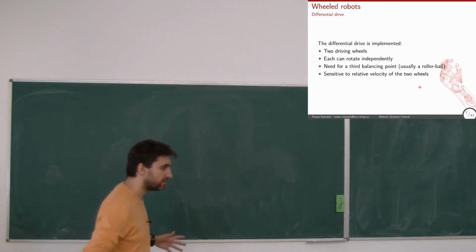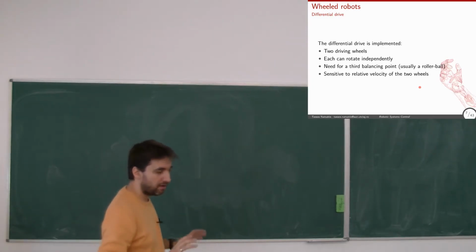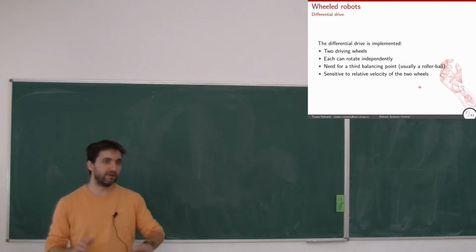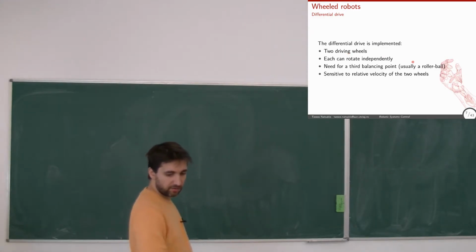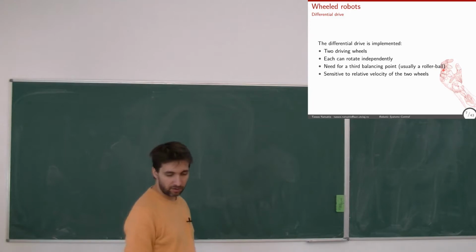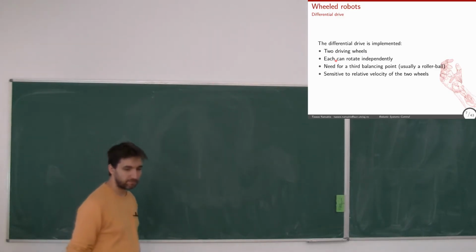Because if you have 2 wheels, the robot will go back and forth unless it does some fancy auto-balancing like Segways or other robots they do these days. Which is very common, but for now we'll say, okay, we don't consider that case. Say that we have a third point or a wheel that is just for balance, so that the robot doesn't fall back or forward. Okay? And we have 2 wheels, and each one can rotate independently.